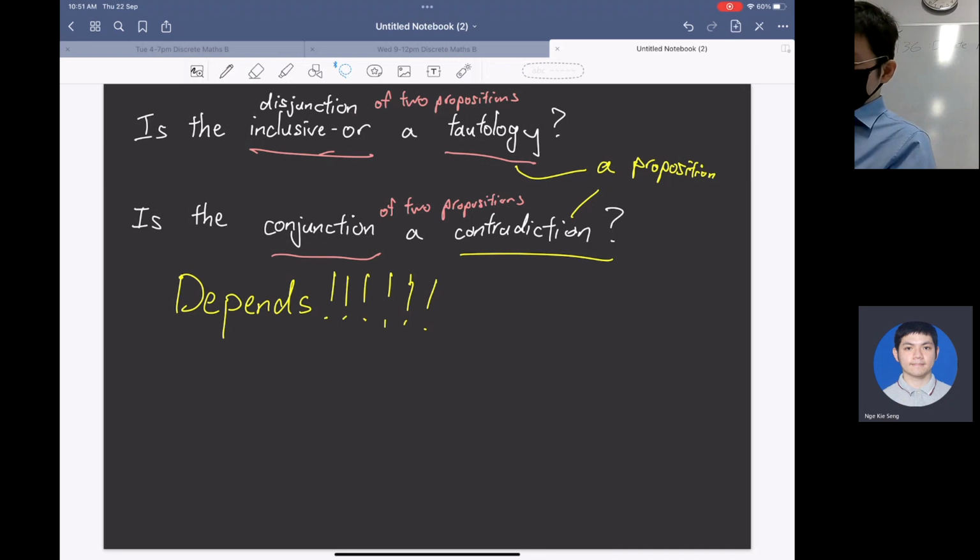It means I could have a disjunction of two propositions which is not a tautology, and a conjunction of two propositions which is not a contradiction. It is possible. It is also possible that the disjunction of two propositions is a tautology, which I already gave you an example of just now. I also can give you another example, which is not a tautology.